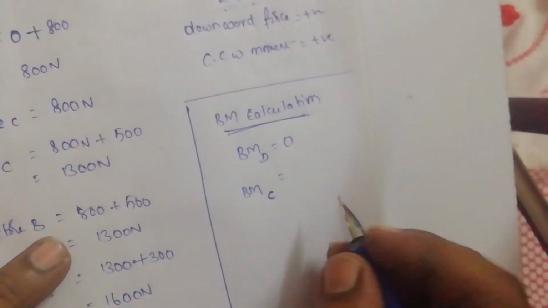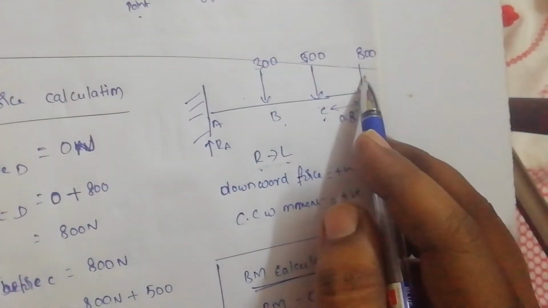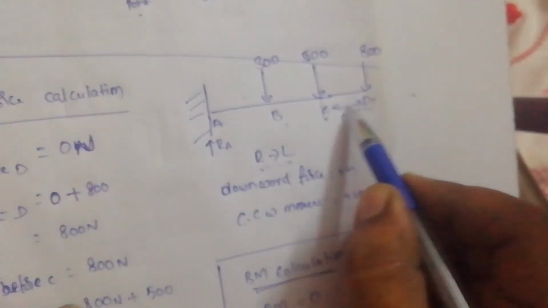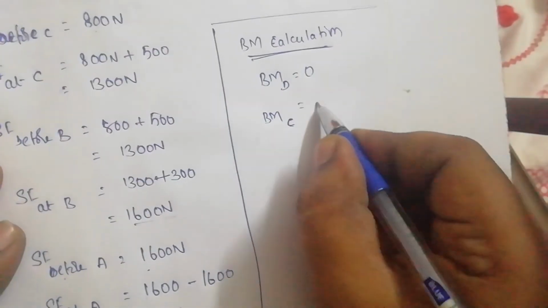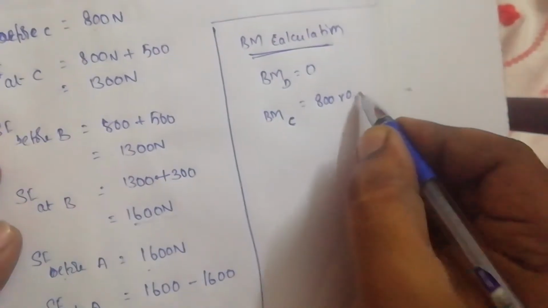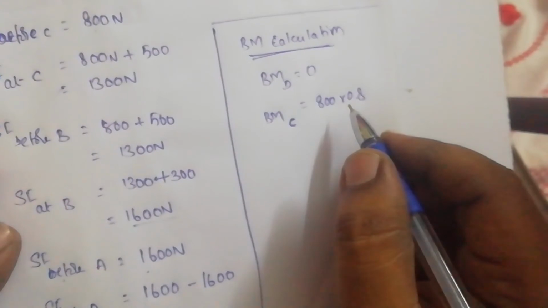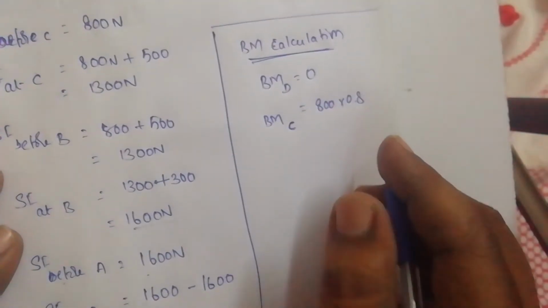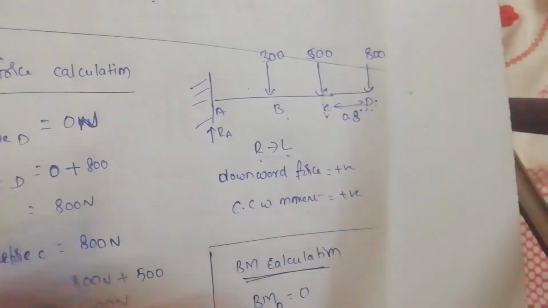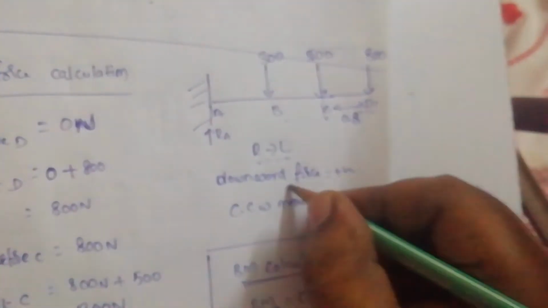So bending moment at point C is equal to, what is the load behind it? It is 800. From this 800 to point C, you have to take the distance from D to point C. So the load at D is 800, distance from it is 0.8. Once you have done the calculation of moment, next you have to see the sign. Sign convention. This load 800 Newton tries to rotate point C in this direction.